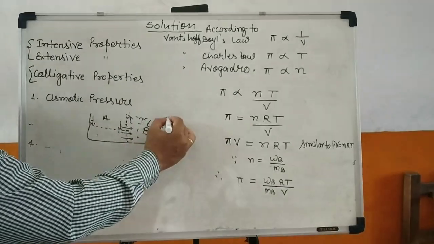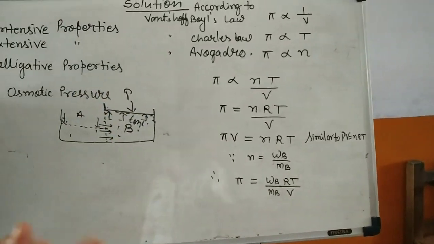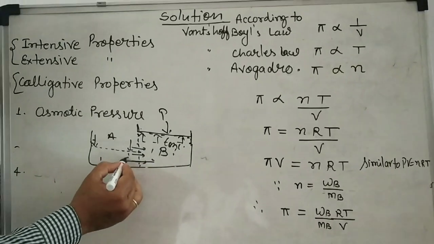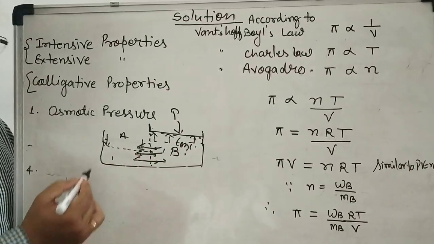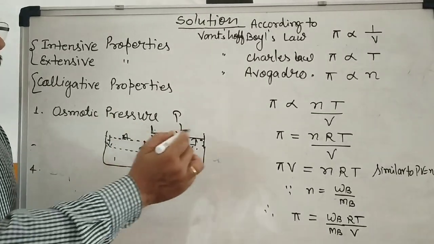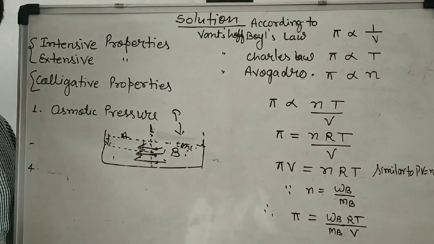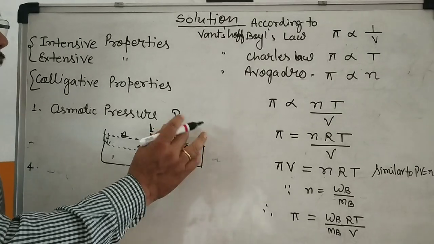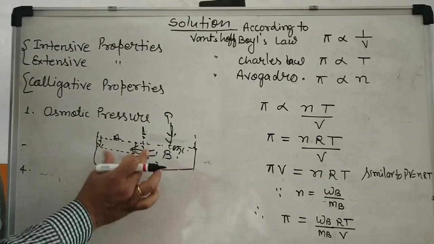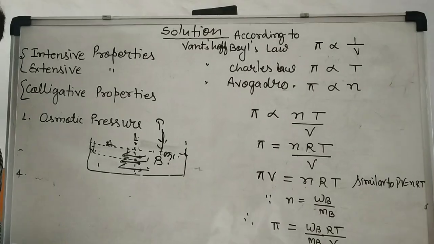Now we will apply pressure on solution B, this pressure. Under this pressure, the solvent particles which came into solution B will again move to solution A. Slowly the original level of solution A will be reached and the level of solution B will decrease to its original. Here, how much pressure is applied onto solution B so that the osmosis process is stopped, this pressure is known as osmotic pressure.